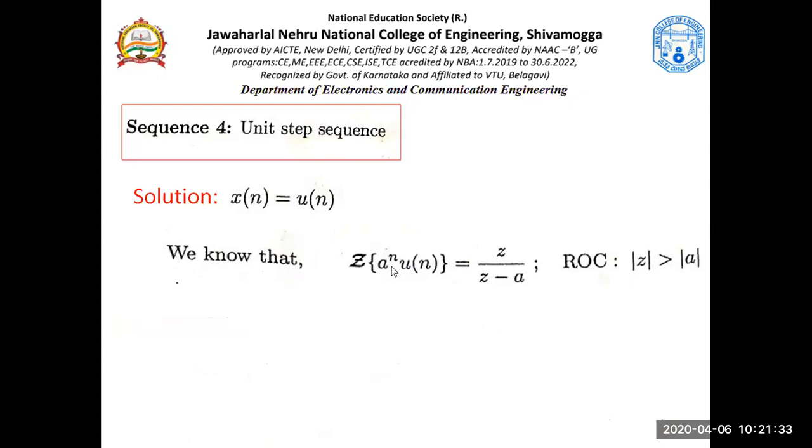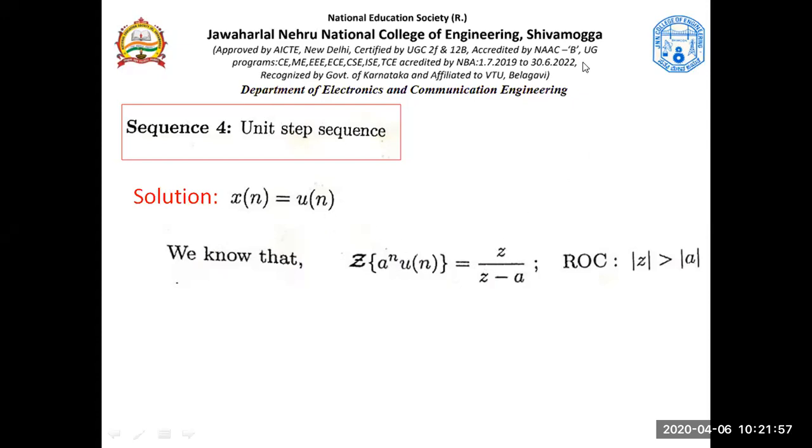Now, with this result, is it possible to obtain the z transform of u of n? Seeing this, you should be able to see it.